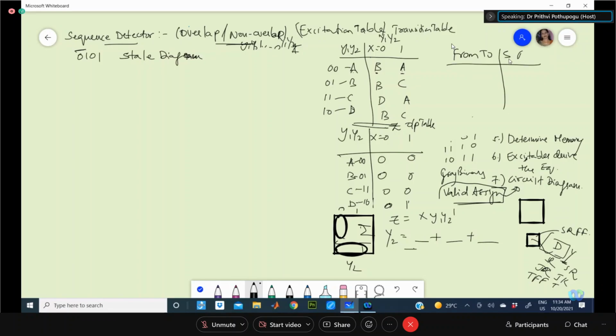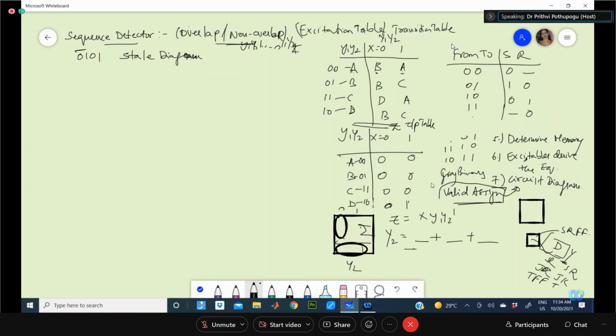What should be SR? 0 0, 0 1, 1 0, 1 1. This is 0, don't care; 1 0; 0 1; don't care 0. Okay, this is the table we need to use.